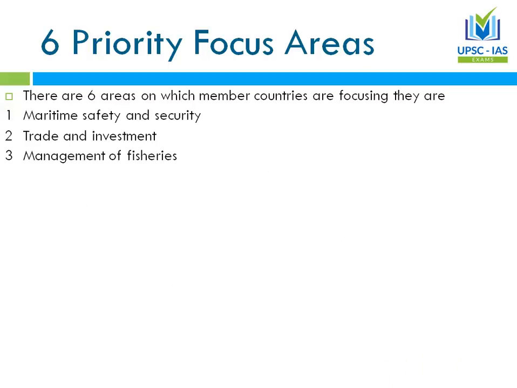Management of fisheries. Now ocean fisheries, lots of people living in this area, 2.3 billion people, and if they are living in this area, then of course a huge amount of the population is going to be dependent on fisheries for their trade, for medicinal purposes, for food purposes, right?